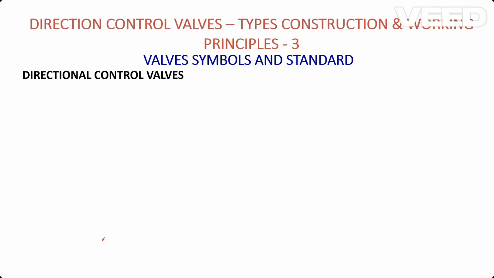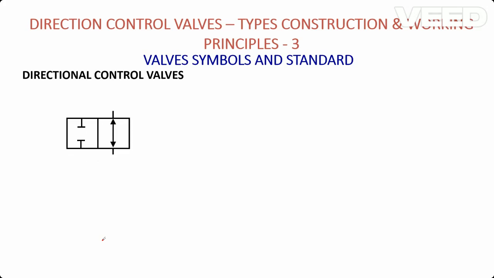Now the first DCV we need: these DCVs are designed based upon the actuators and their working. Firstly we have the single acting cylinder. For that single acting cylinder, I need to control only one direction of flow.